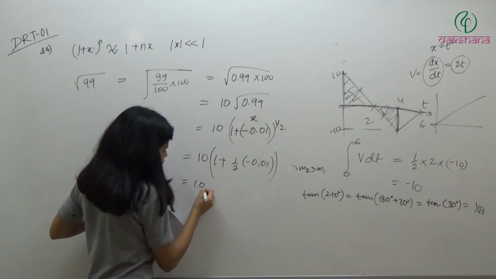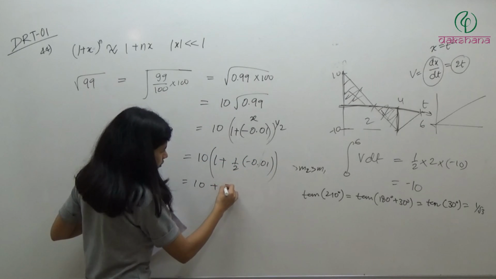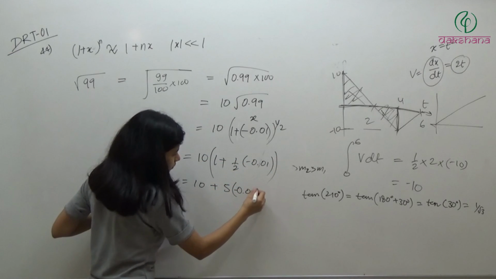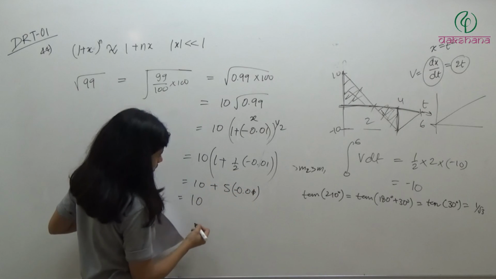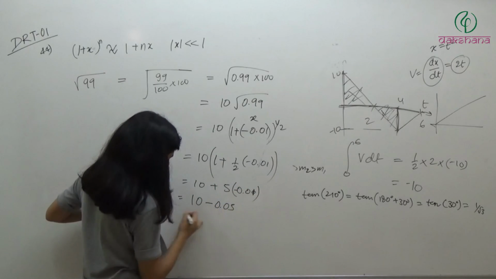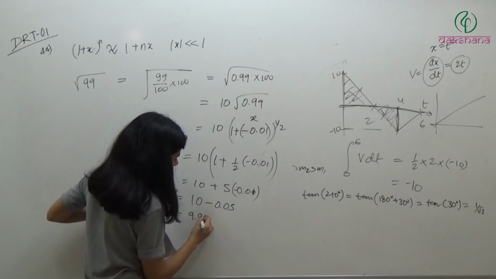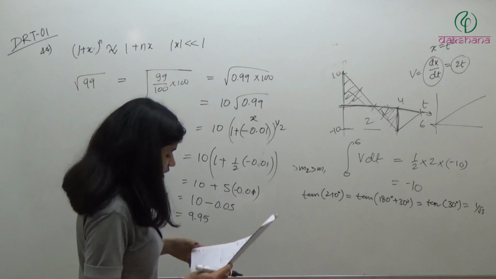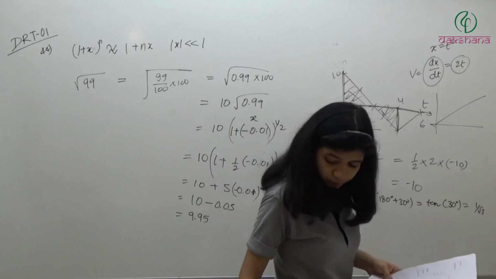So 10 into, or 10 plus 5 into minus 0.01. So it will be 10 minus 0.05. So it will be 9.95. So approximate value of √99 is 9.95.